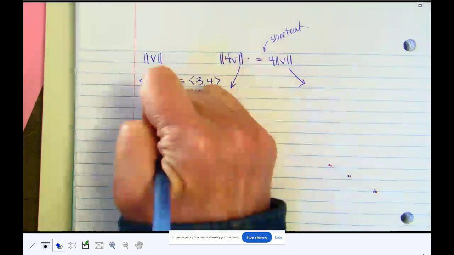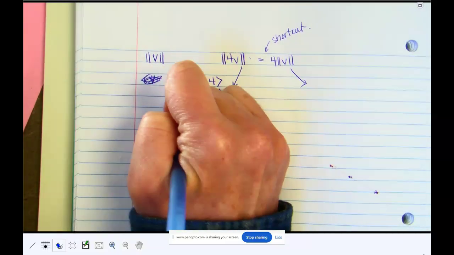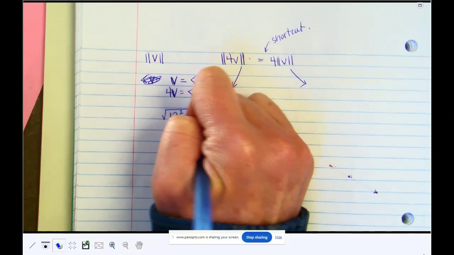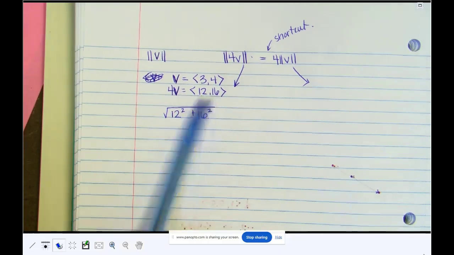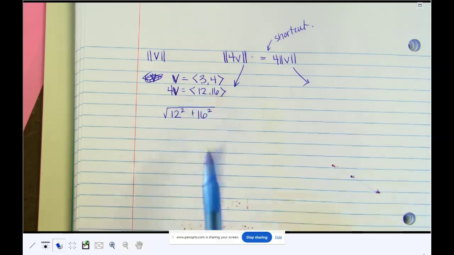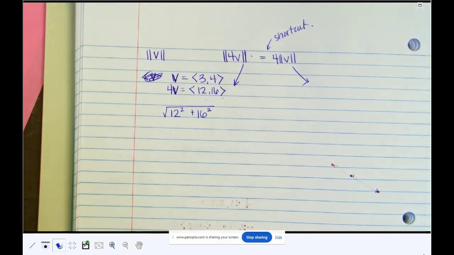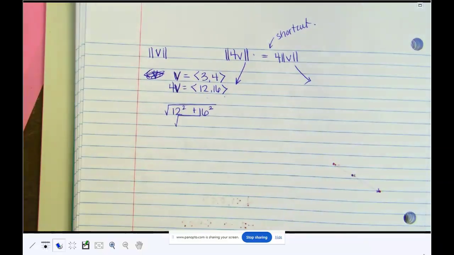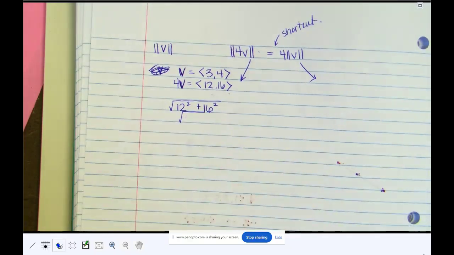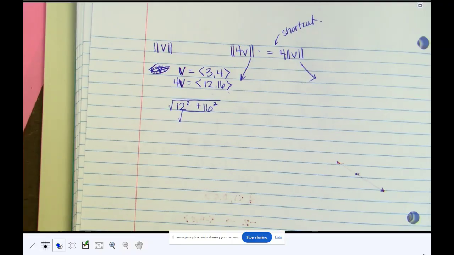Magnitude then is the square root of delta x squared plus delta y squared. It was last Thursday that we reviewed that. This is one reason that component form is so lovely, because you just take these numbers and that gives you the magnitude. So 12 squared is 144, 16 squared is 256.